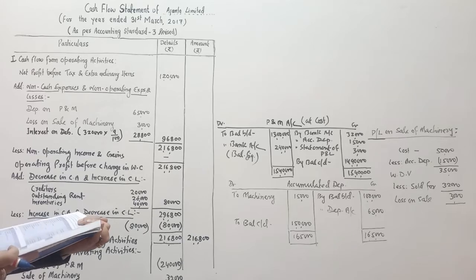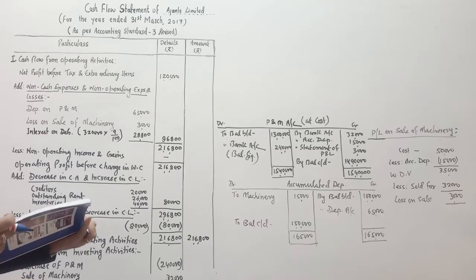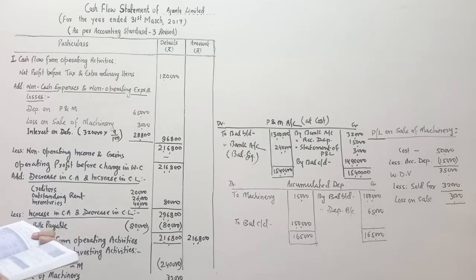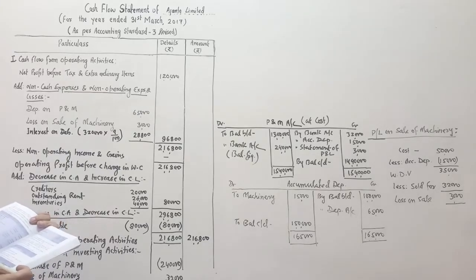There is one non-current investment on the asset side last, given in working note number 5. Current shares in XYZ Limited: last year it was 1,60,000, this year it is 2,40,000.